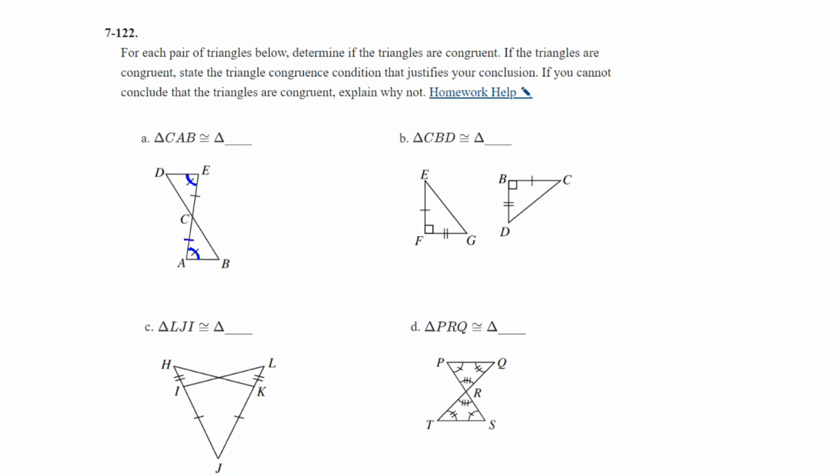You see that side CA and side CE are congruent. And then we also know that angle DCE and BCA are also congruent because of vertical angles. So by angle, side, angle congruency, we know that triangle CAB is congruent to triangle CED.